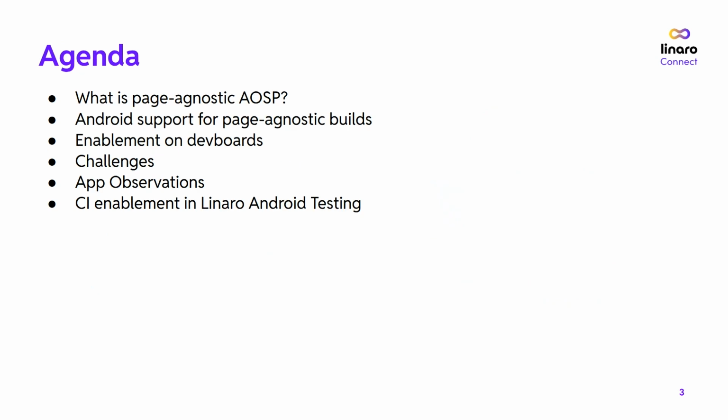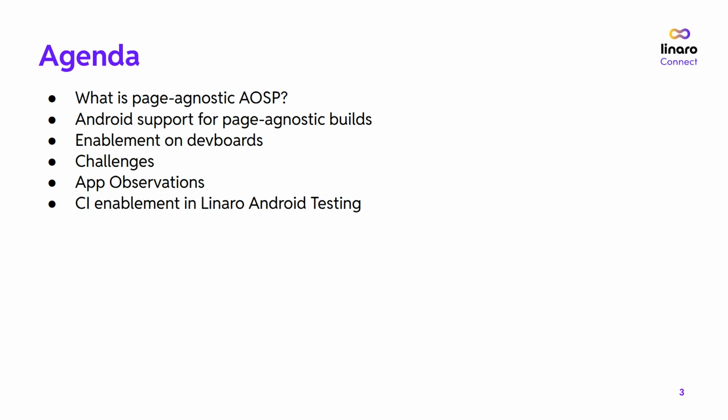Right, so in this session, I'll talk about page size agnostic AOSP builds from the 16K page size point of view. I'll talk about the changes that have gone into Android Core OS to support that. I'll talk about how to enable page size agnostic builds for your device, the challenges that we have run into, and the workarounds.